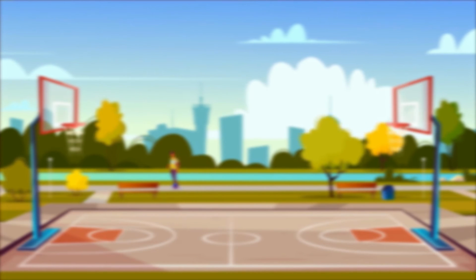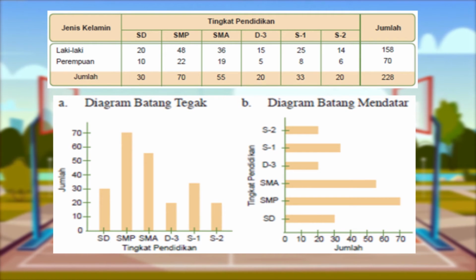In these slides you can see two pictures. The first picture shows us a table, namely graduated level: elementary school, junior high school, senior high school, and university.